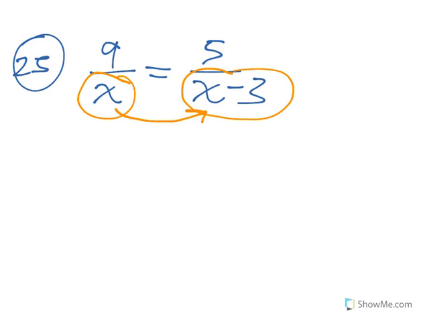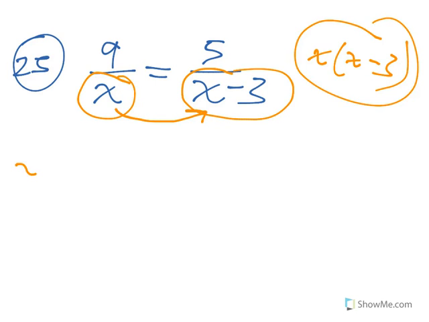Since they are not the same, we're gonna use their common factor, which in this case, because it's variables, the common factor of x and x minus 3 would be x times x minus 3. So we take this right here, and we're going to multiply both of these fractions by x parentheses x minus 3.